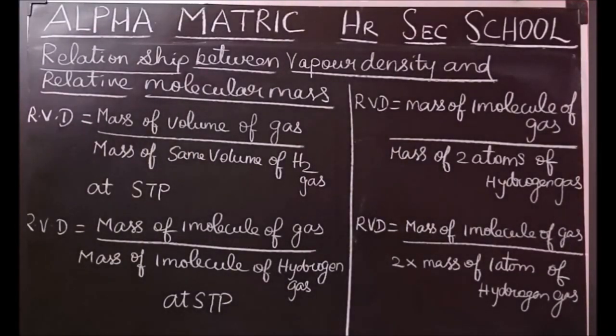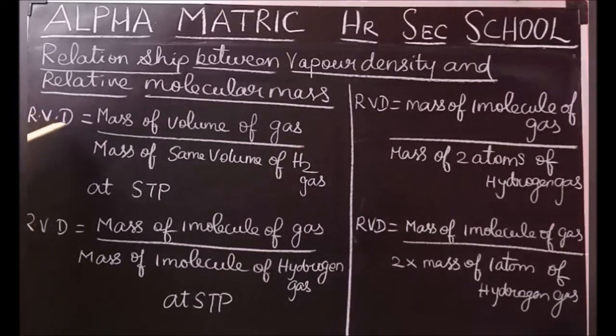Relationship between vapor density and relative molecular mass. It is easy to study the density of solid and liquid, but it is impossible to calculate the density of vapor directly. But we can calculate the density of vapor by comparing to the other gases to find relative vapor density, abbreviated as RVD.